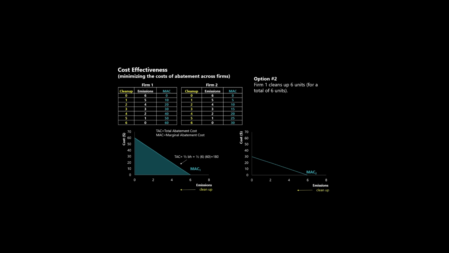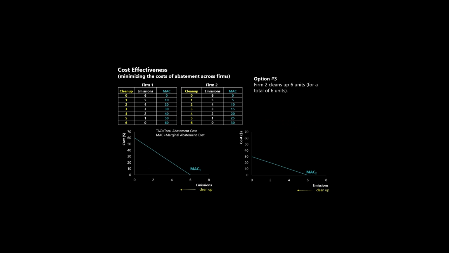So for Firm 1, the total abatement cost would be 180, for Firm 2 it's 0, and the total would be 180, which is much higher than the 67.5 that we started with. If we look at the marginal abatement cost of that last unit cleaned up, for Firm 1 it's 60, for Firm 2 it's 0, and they are not equal. So let's try another option.